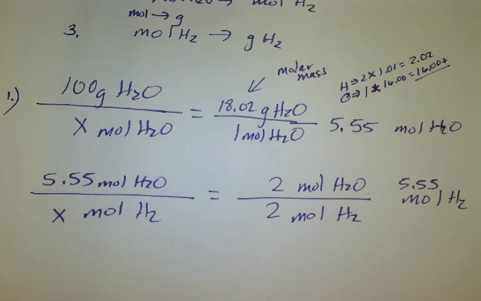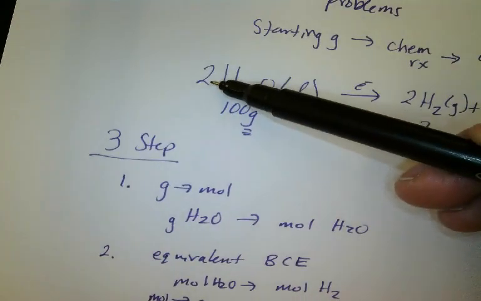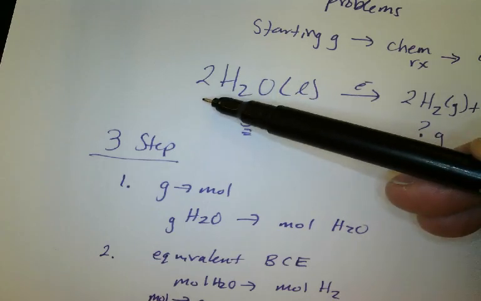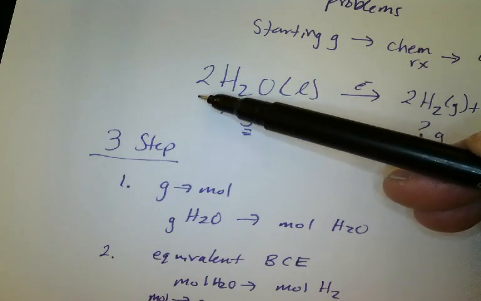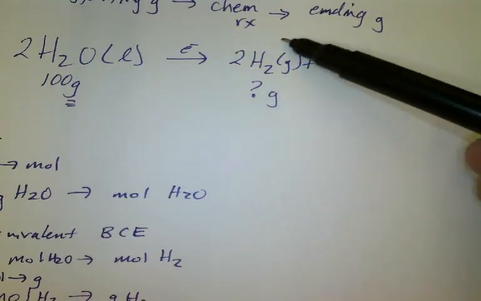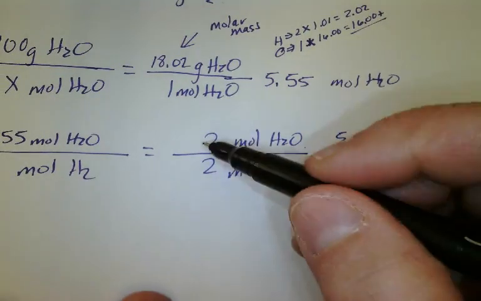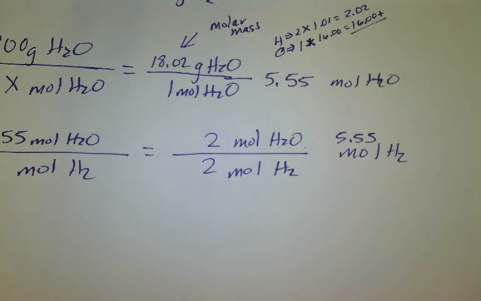Why do we have 2 moles of H2O? This is the coefficient in front of the H2. Do you see that? So that is the reason why. For every 2 moles of this, I make 2 moles of this. Does that make sense? So these numbers come from the balanced chemical equation.